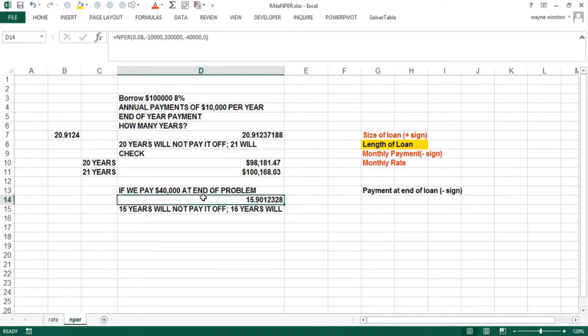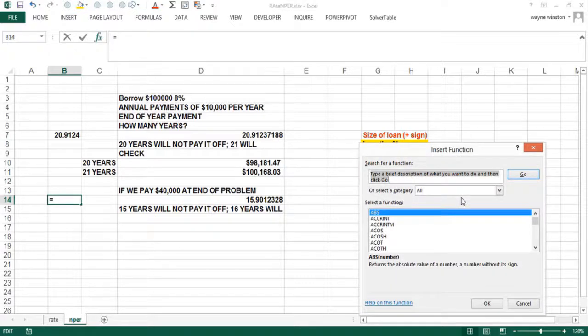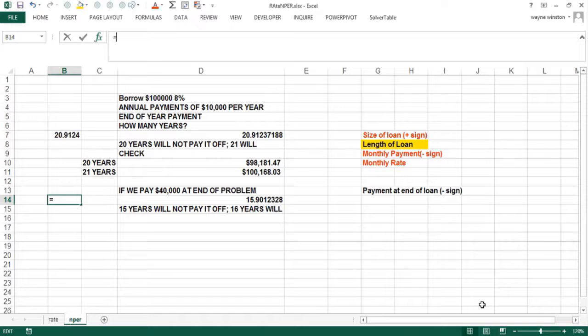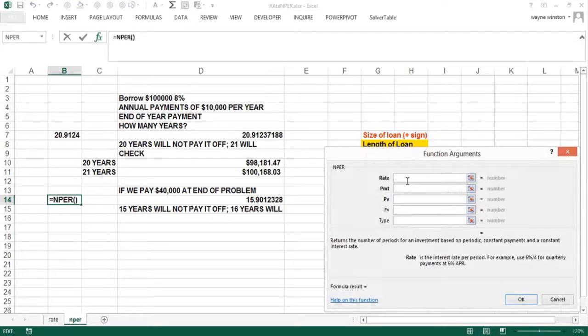Now suppose we pay 40,000 at the end of the problem. Then how many years would it take to pay off the loan? Well, it certainly can't take over 20 years because we're paying a big chunk at the end. So again, we would use that NPER function. I can go to most recent, and just fill in the blanks. The rate is 8% per period.